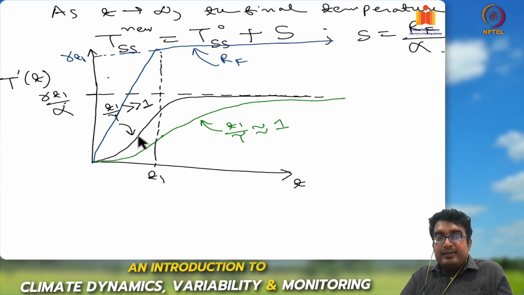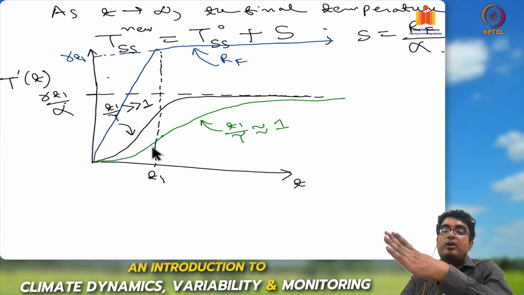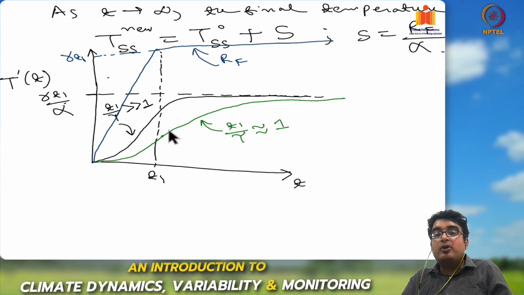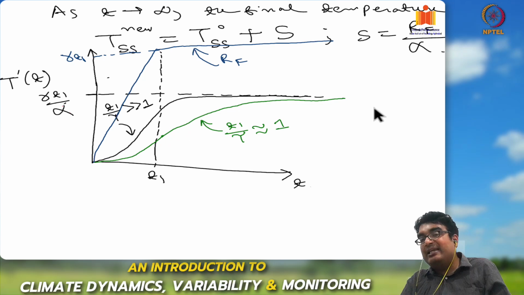Here, this difference is large, and has linearized by the time t equals T1 has been reached. So this has become linear. Here, the linearization has not happened. We are still in the slow rising phase of the temperature response. So it has to linearize and then level off.